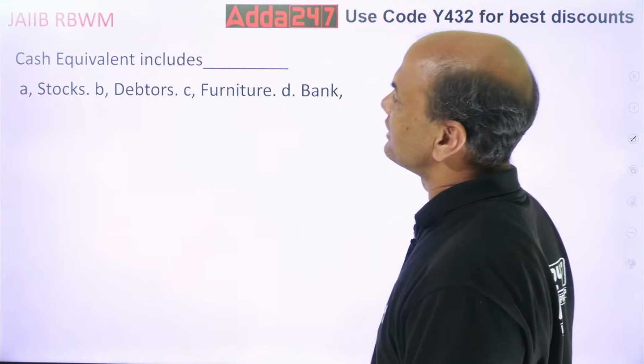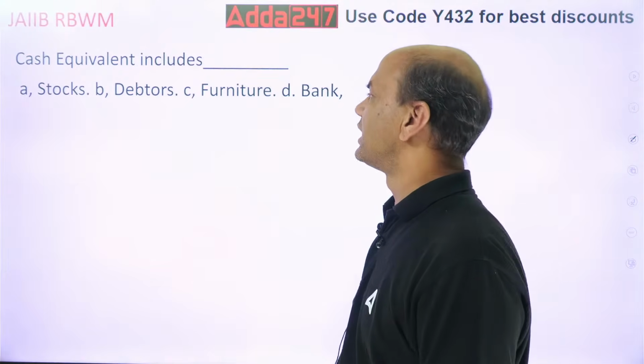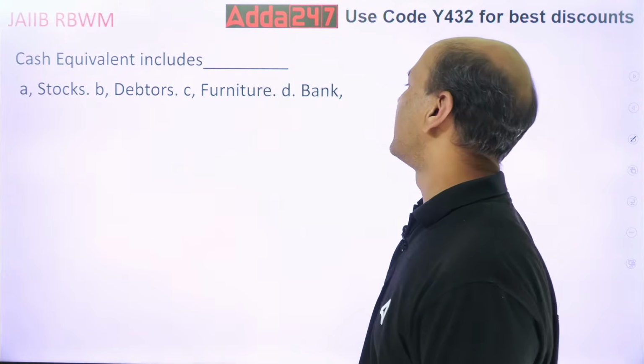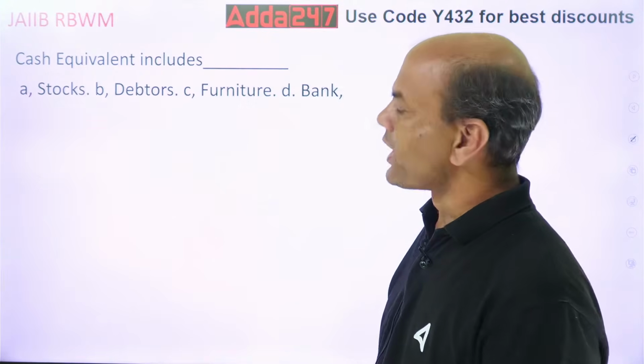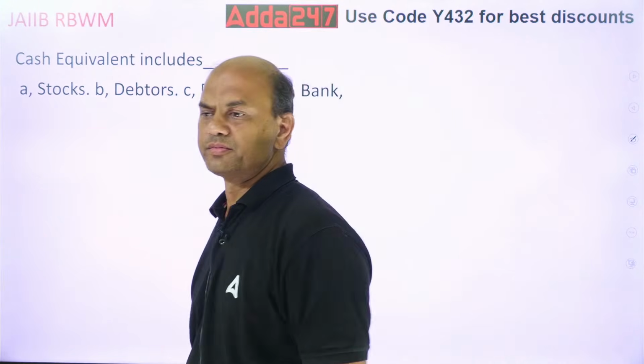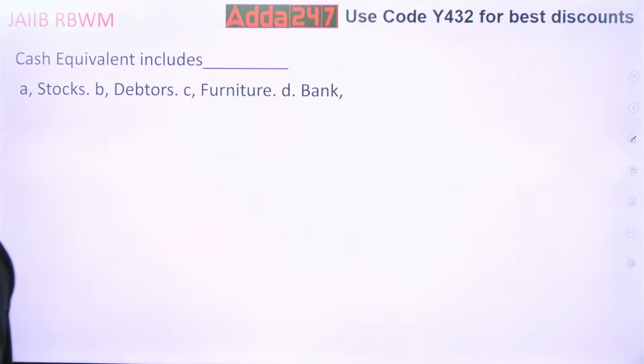Cash equivalent includes stock, debtors, furniture and bank. What does it include?